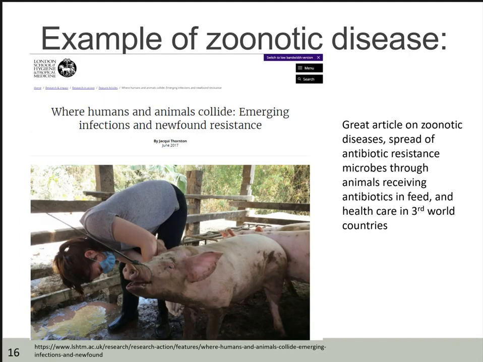An example of a zoonotic disease is found in this article. This is a great article on zoonotic diseases. Specifically, this article discusses the spread of antibiotic-resistant microbes through animals receiving antibiotics in feed and healthcare in third world countries. So if you're interested in learning more about zoonotic microbes and the spread of antibiotic-resistant microbes through animals, this is a good article for that.